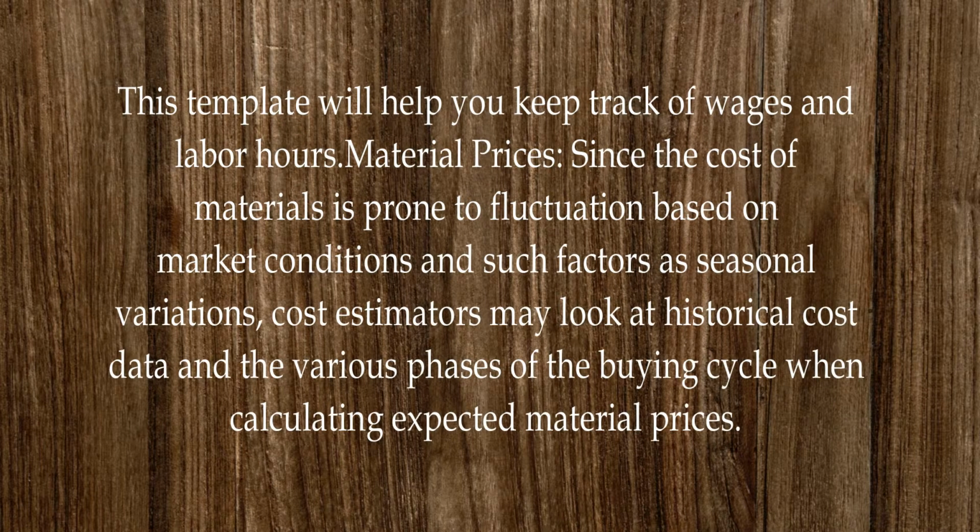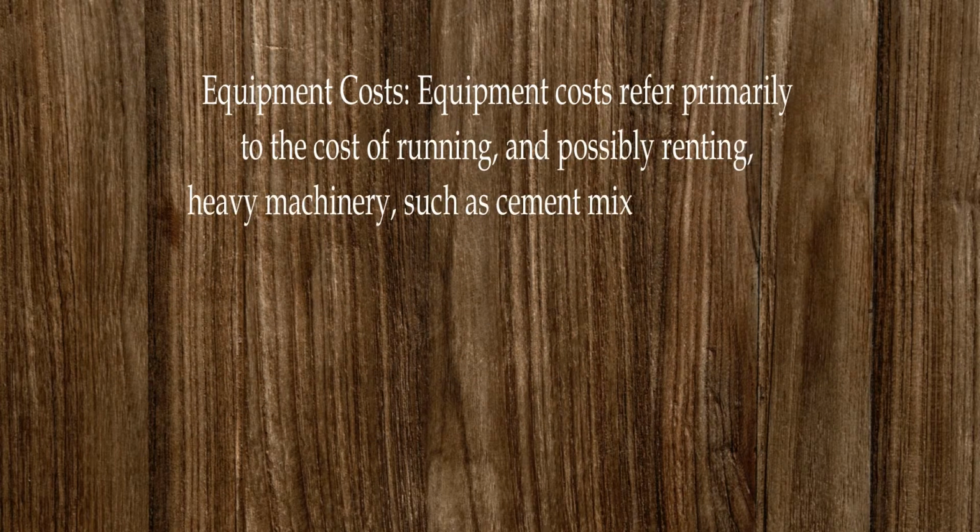Material prices. Since the cost of materials is prone to fluctuation based on market conditions and such factors as seasonal variations, cost estimators may look at historical cost data and the various phases of the buying cycle when calculating expected material prices. Equipment costs.